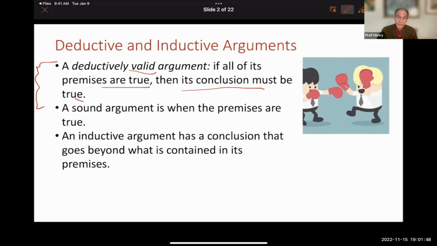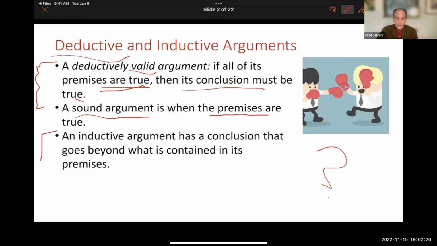So even in that example, you have to doubt the premise. Now, in deductive arguments, if the premises are actually true, then we have a sound argument. If the premises are assumed to be true, then the conclusion must be true.